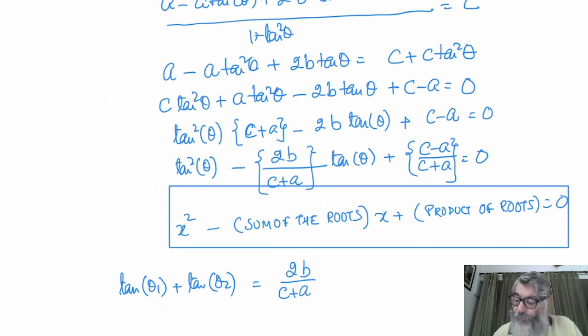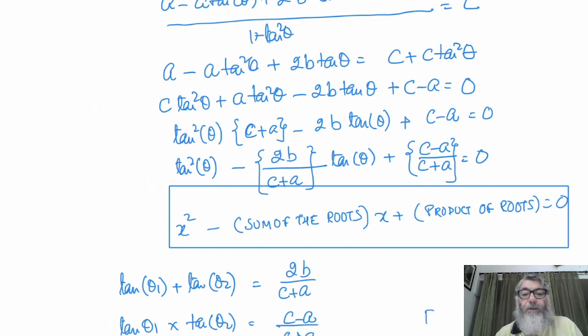And the product of roots, tan theta 1 into tan theta 2, will be c minus a upon c plus a, which was required to prove.